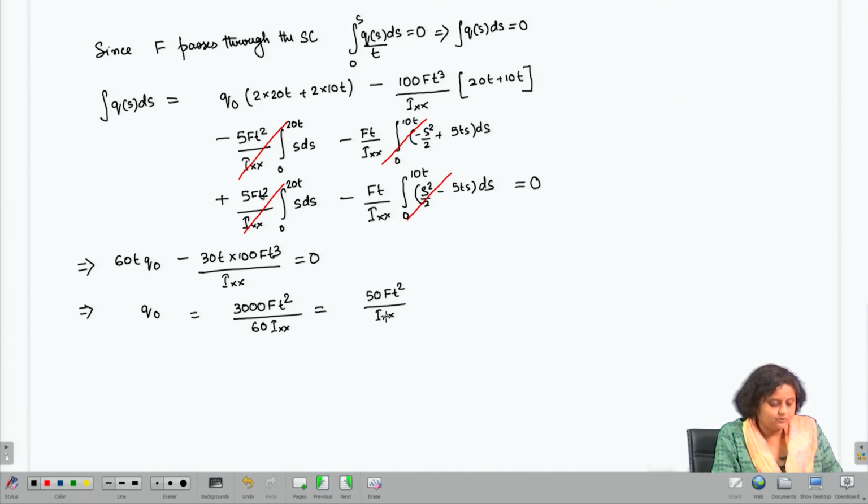If we substitute the value of Ixx, this is going to be 0.043 F T cube.